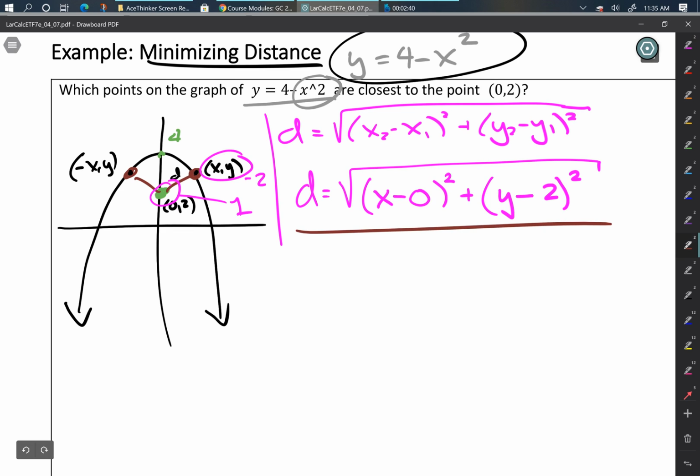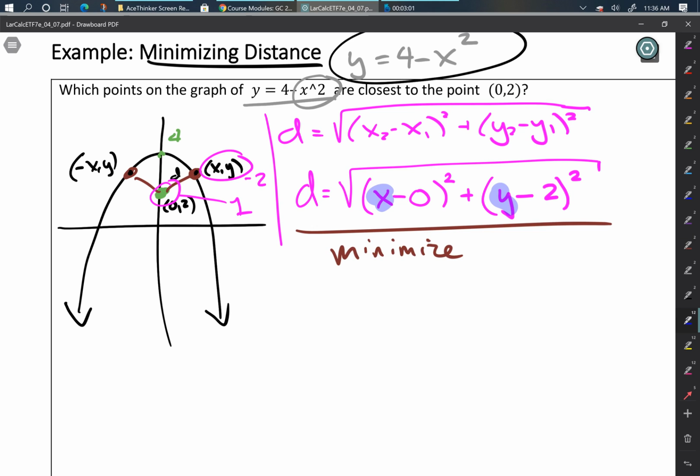And now we just need to minimize that function. Okay? I've got two problems here. One, I'm not sure how to minimize under a root, and also I have two variables. I have x's and y's. I can't do that. I just need one.